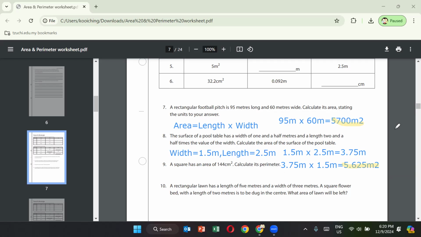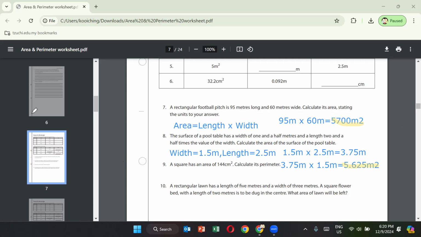Okay, so moving on to question number 9. A square has an area of 144 cm square. Calculate its perimeter. So, how do we calculate the perimeter? So we will be using the formula of the perimeter.